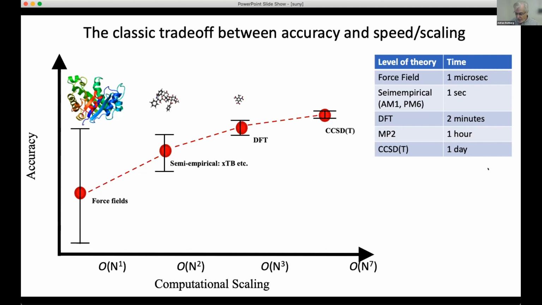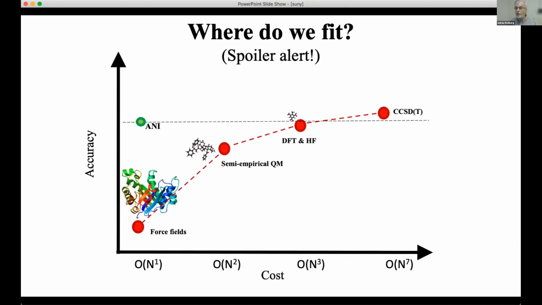So I'm going to show you a method, but what we wanted to do is very particular. We wanted to have a system that will learn energies and forces. It's going to be a neural network, I'll tell you in a second, and it will be mimicking some level of quantum. So what I need to deliver to you, and you should hold me to it, is a thing that will show up in this quadrant on the top left, right?